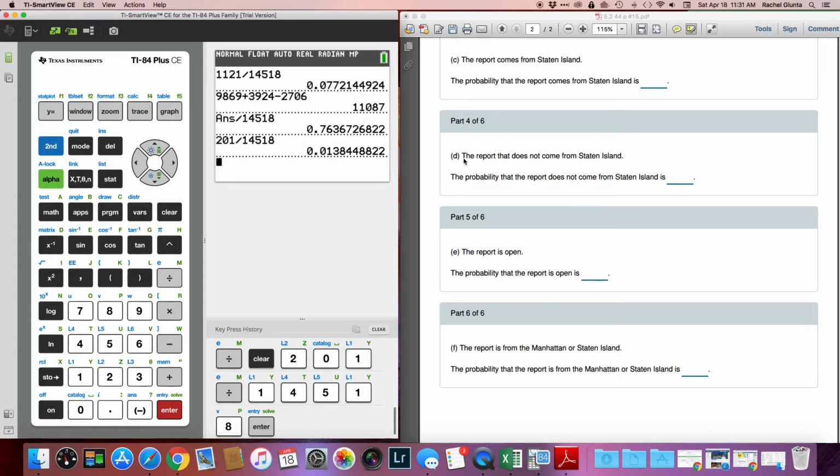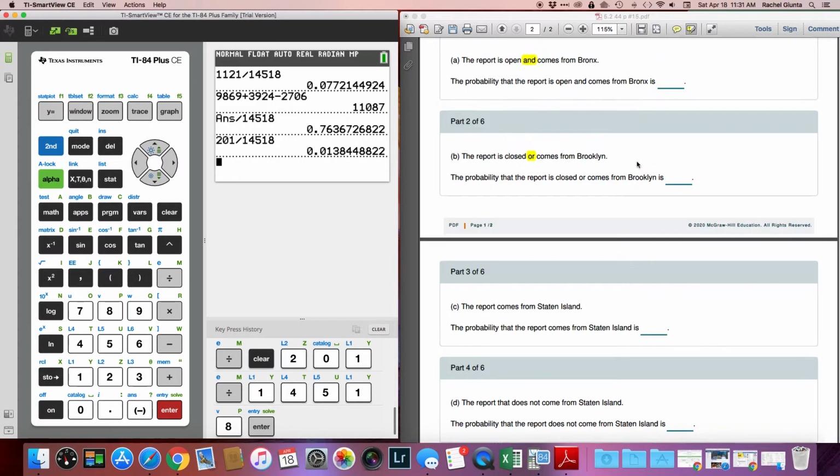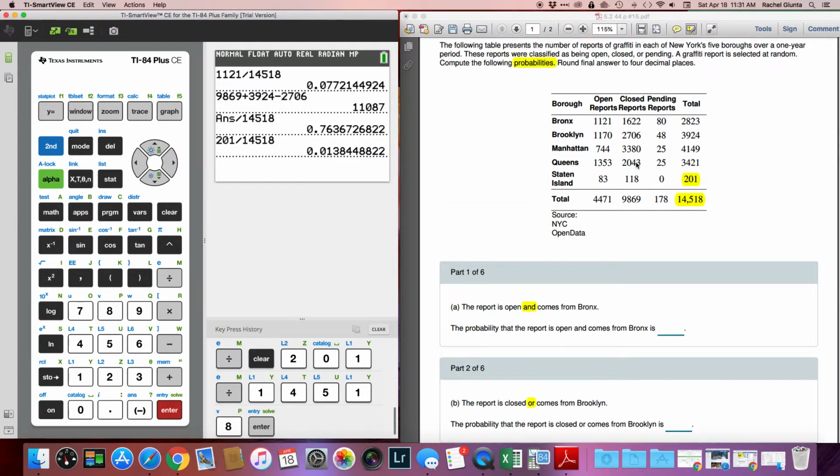Okay, probability that the report does not come from Staten Island. There's two ways you can do that. You can add up all the totals of the ones that don't come from Staten Island, so you can add up 2823 plus 3924 plus 4149 plus 3421. But there's an easier way to do it because we already know the probability that they did come from Staten Island.